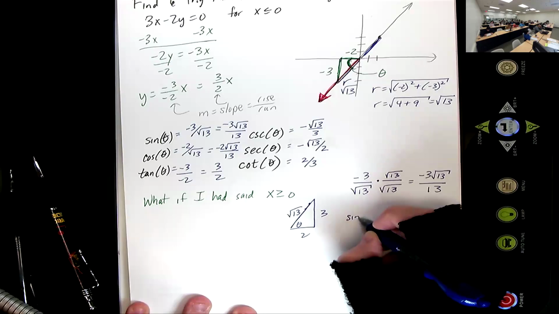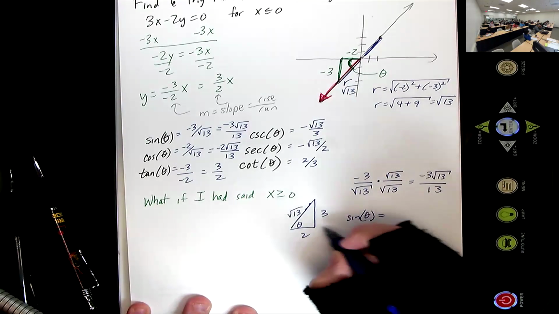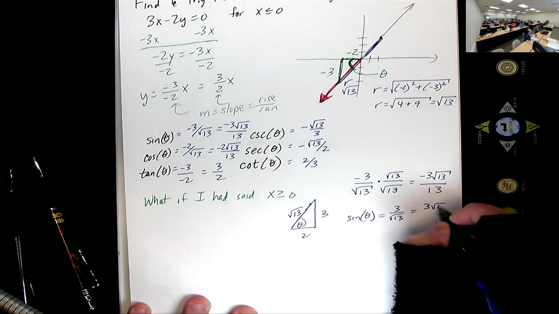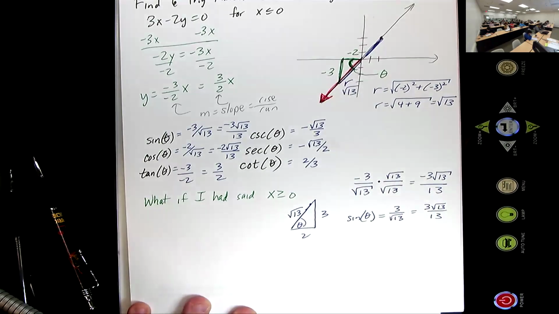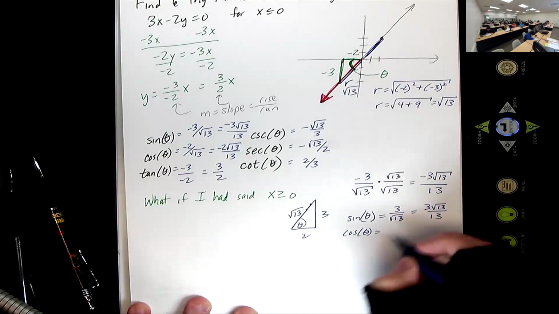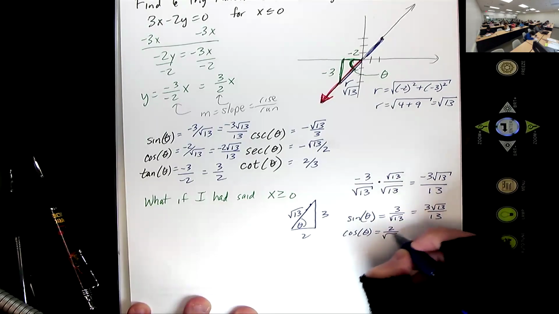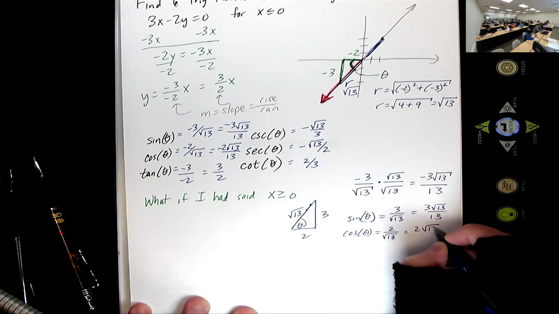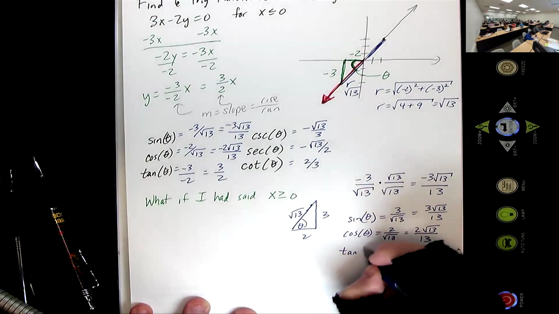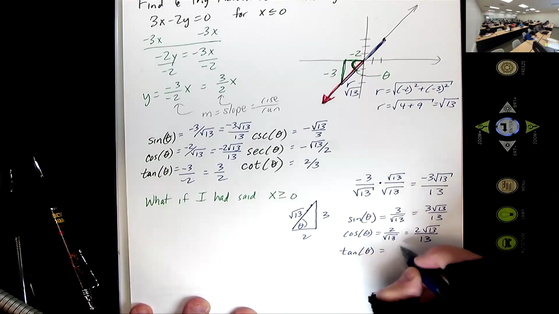So if I do that, I see sine theta is opposite over hypotenuse, which is 3/√13, which is 3√13/13. Cosine theta is 2/√13, and we will rationalize that by multiplying top and bottom by that radical. Tangent theta is straightforward, 3/2.